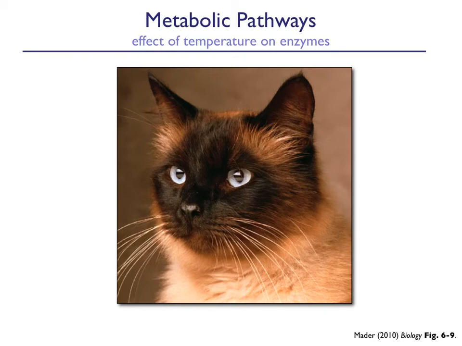However, in the extremities, like the face and the ears and the tips of the paws, that's where the cat is a little bit cooler, and the enzyme works better in that cooler environment due to this mutation. And so there's more pigment made in the parts of the cat that are at a cooler temperature. So this same enzyme in this cat can have different effects in different parts of the body based on temperature.